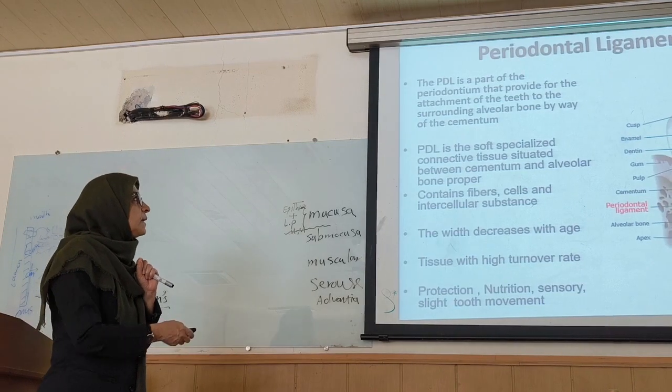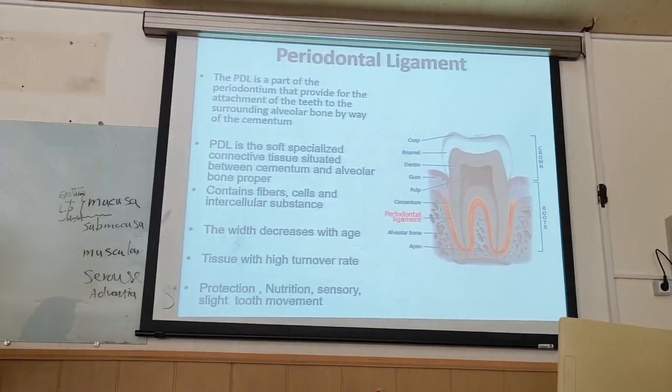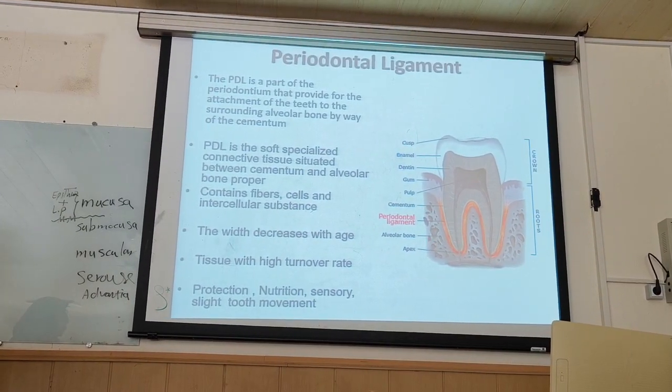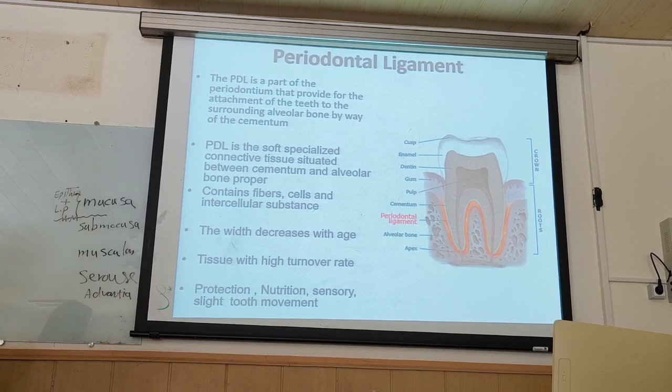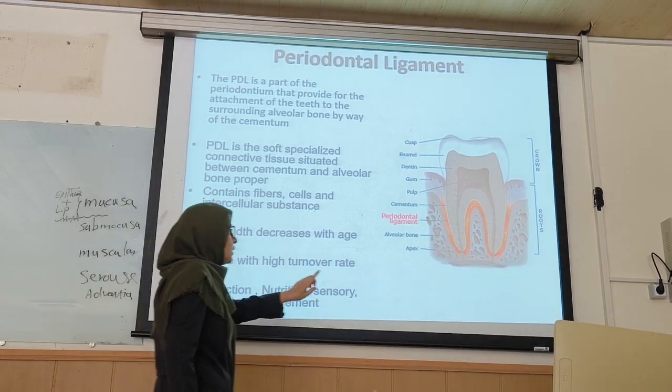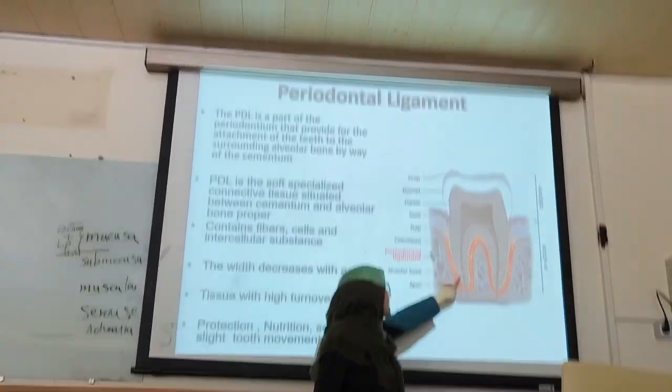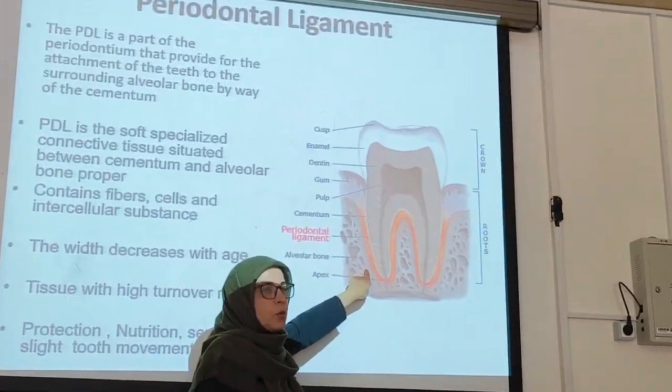The PDL is attached to the bone. Yes, some fibers, or it is a soft tissue located between two hard tissues, the cementum and the alveolar bone.